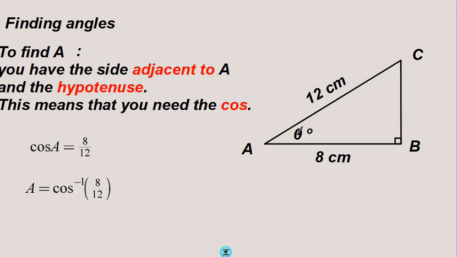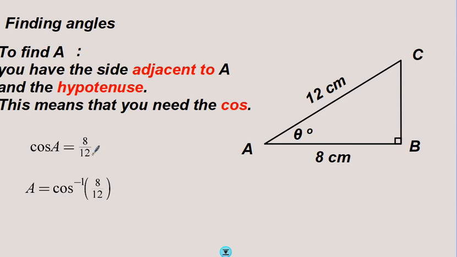Now what we have as far as A is concerned, we have the adjacent, which is the 8, and we have the hypotenuse, which is 12 centimeters. And the ratio that combines the two, the adjacent and the hypotenuse, is the cosine. So we write cosine A equals the adjacent over the hypotenuse, 8 over 12.